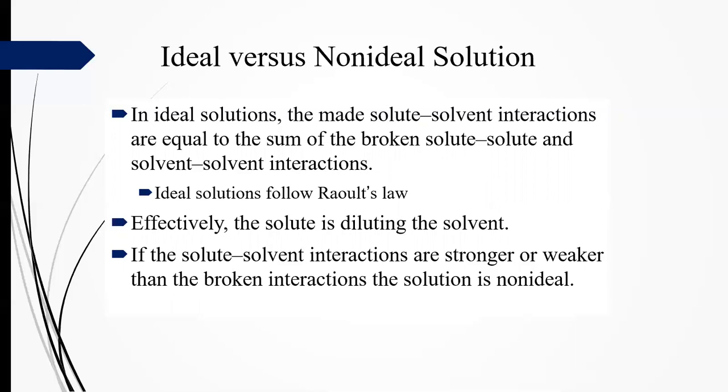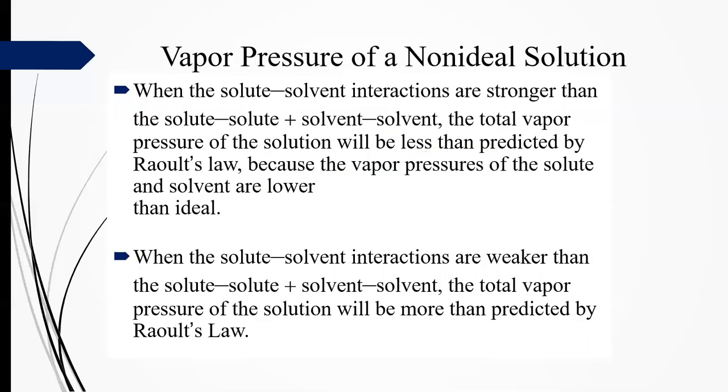So in ideal solutions, basically, our solute-solvent interactions are going to be equal to the sum of all the solute-solute and all the solvent-solvent. For our non-ideal solutions, then that ends up not being the case. And so this happens when the solute-solvent interactions are stronger than the solute-solute and the solvent-solvent. And so they're going to be less than expected.